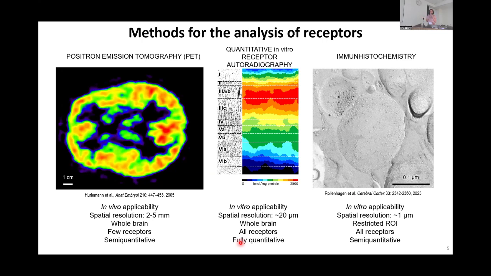And it also enables, and I write very optimistically, whole brain coverage. It's not whole brain coverage in the sense of PET images, but you can do serial sections through entire brains, even through entire human brains. It's all just a question of, well, basically time and money.